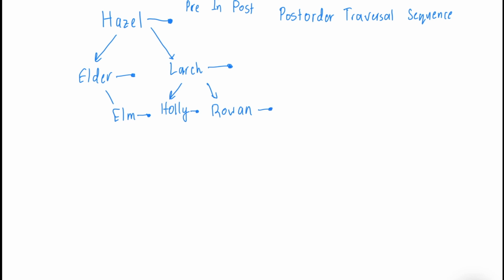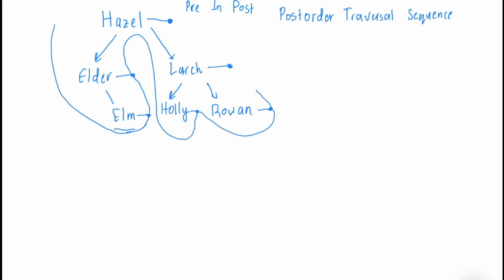So remember, we're generally starting at the top leftmost point, but keeping in mind that we cannot cross our pointers. So that means that elm is going to be the one that we start with. This is the leftmost that we can access coming from that point right there. Okay. So we're going to draw it through here like that, and we can't do anything else. So we're going to have to go in here.